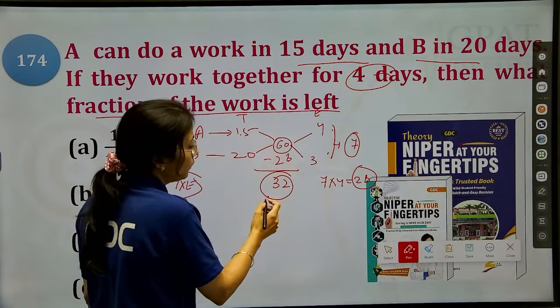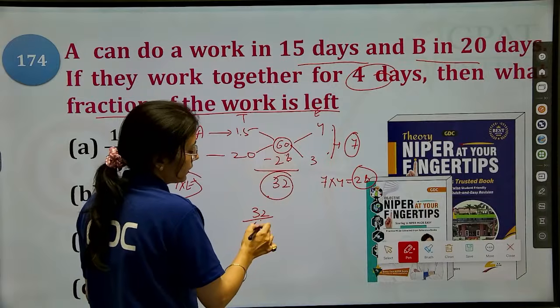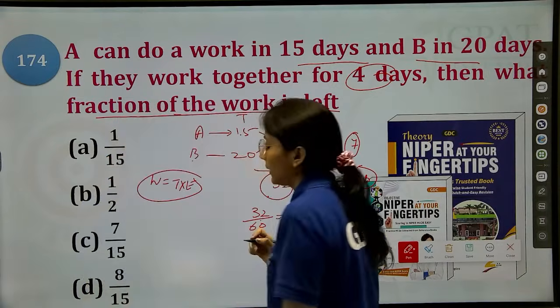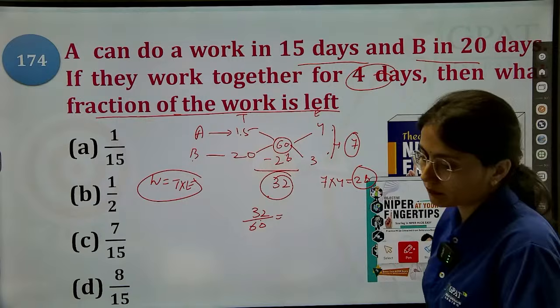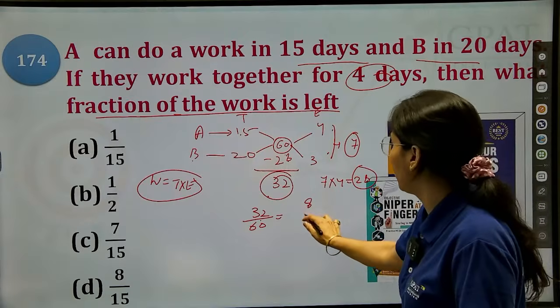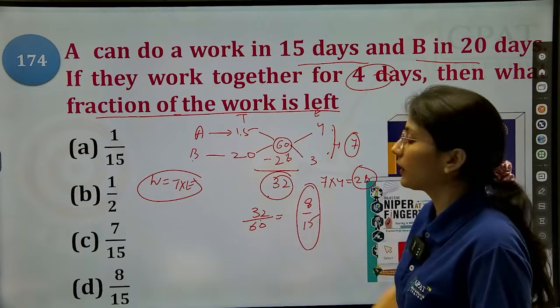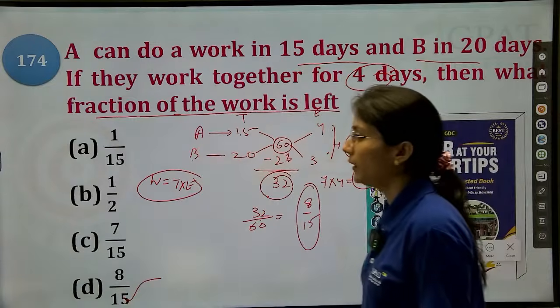That is 32 upon 60, and when we solve this we will get 8 by 15. So 8 by 15 is the work left. Option number D is correct.